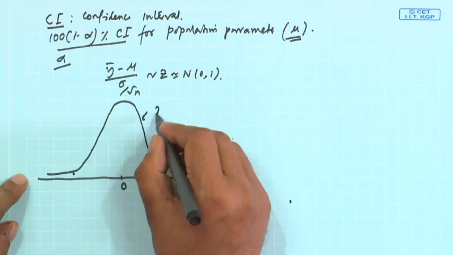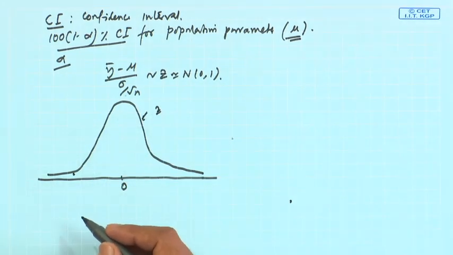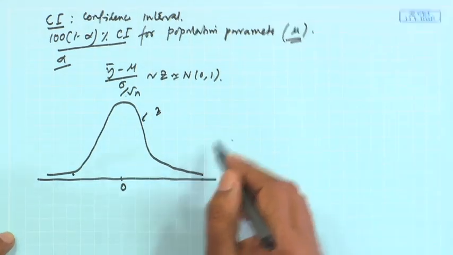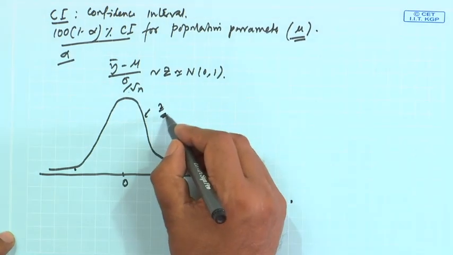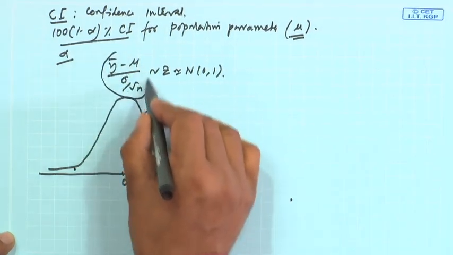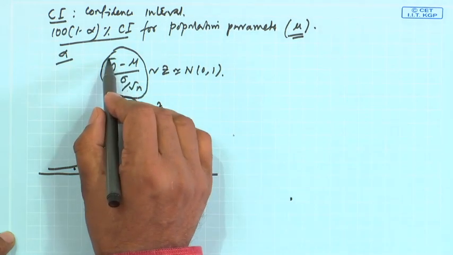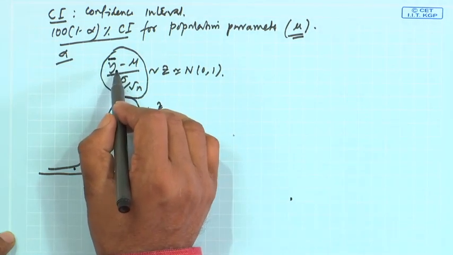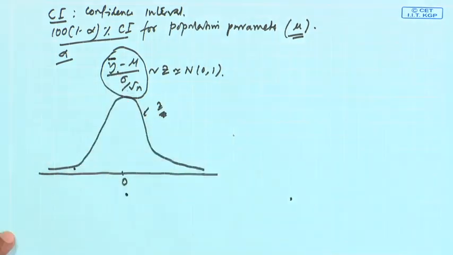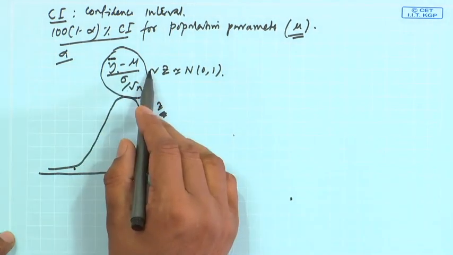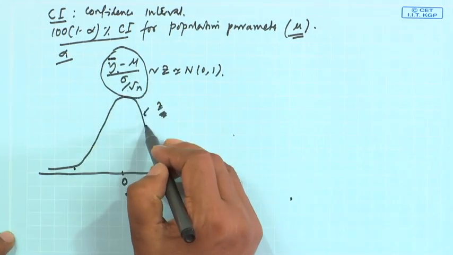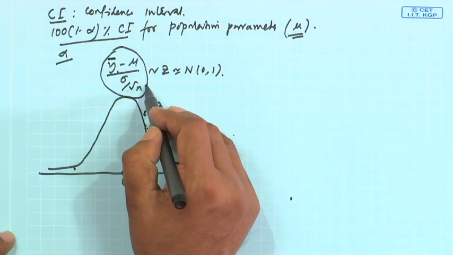This is the Z distribution. Now, this quantity follows the Z distribution, and one important statistic here is y bar, which is the sample average.